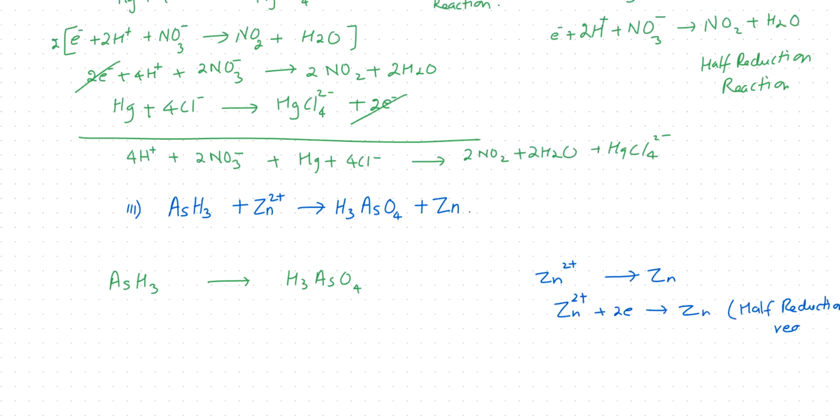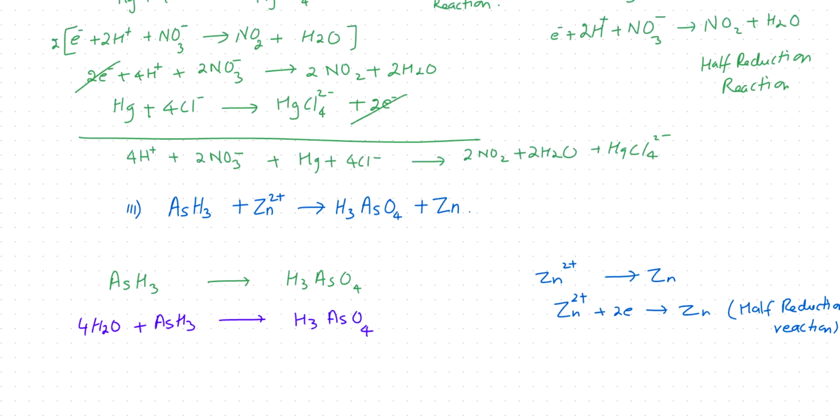Now we balance the other half reaction. One As, one arsenic, and there are 4 oxygens. To add oxygen, we add water molecules. So we add 4H2O plus AsH3, and we have H3AsO4. So now we have 4 oxygens, but 8 hydrogens we have here.